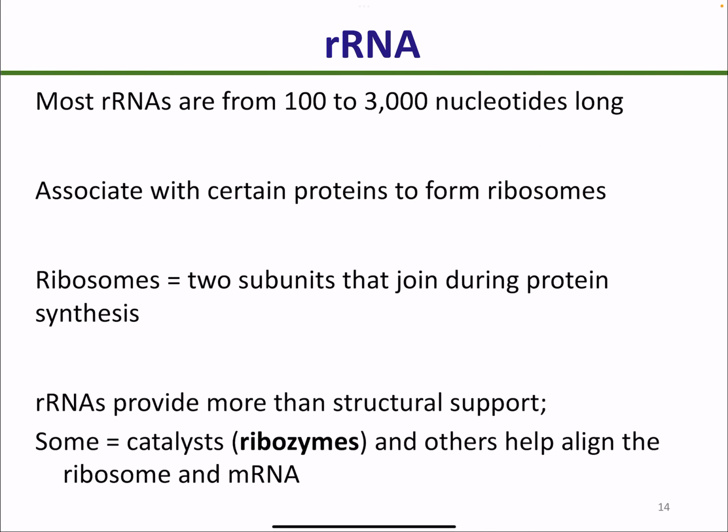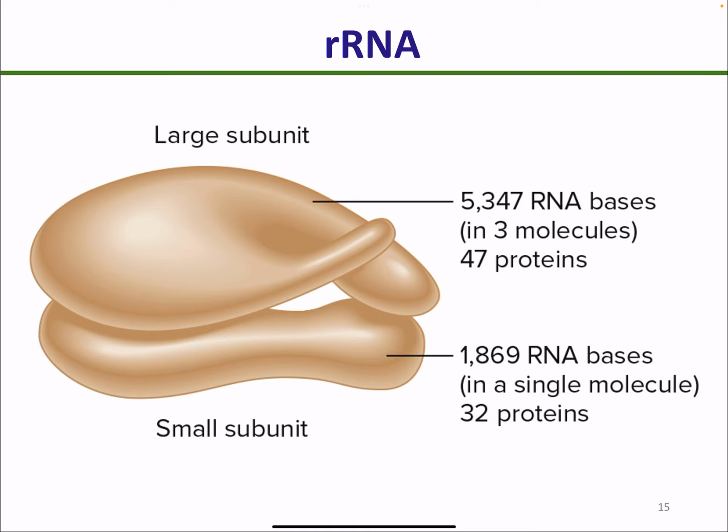The ribosomal RNA, I did tell you about ribozymes, remember that? They are going to be a structural part of the ribosomes. And ribosomes occur in 2 subunits. Now, because we are in human genetics, I'm going to address the ribosome you find in human cells. So these ribosomes occur in two units.